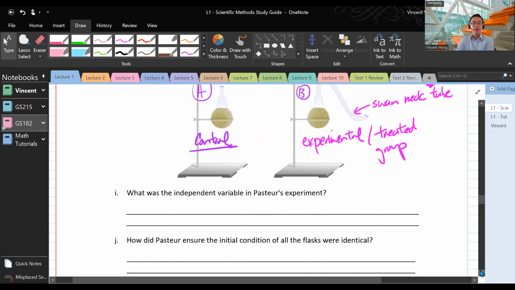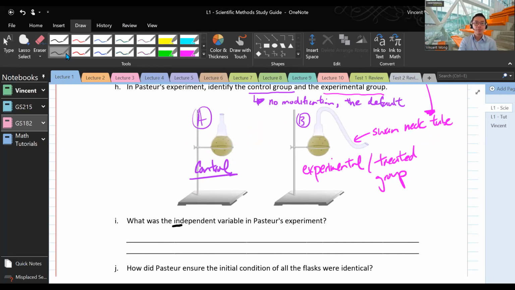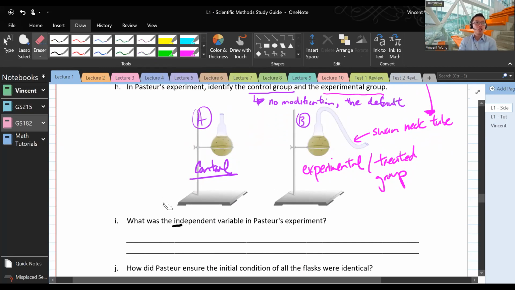What was the independent variable for this experiment? The independent variable is the one that you are in control of. So what did he control? What did he change? It would be the type of flask opening used. Does it have an open top like this, or does it have a swan neck?